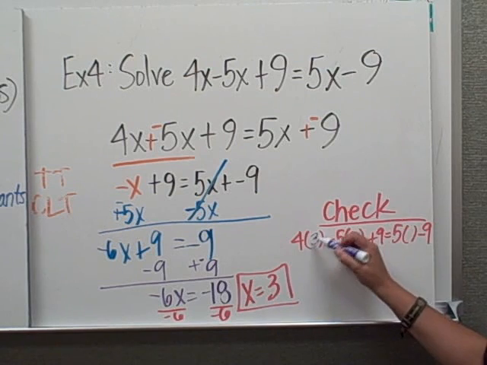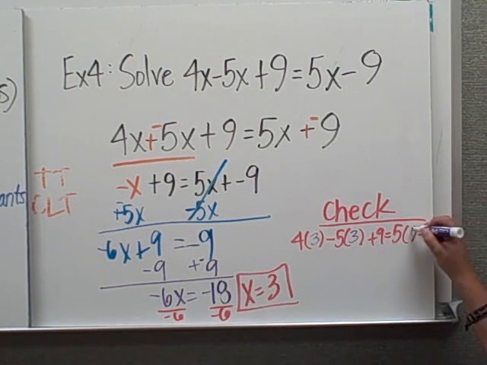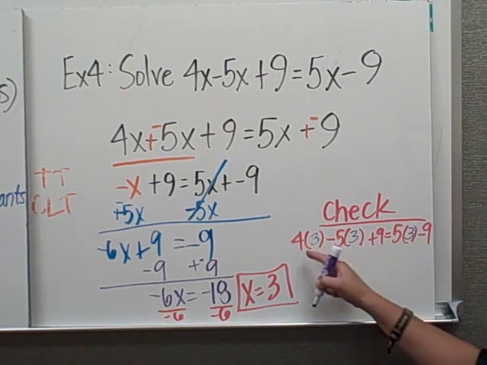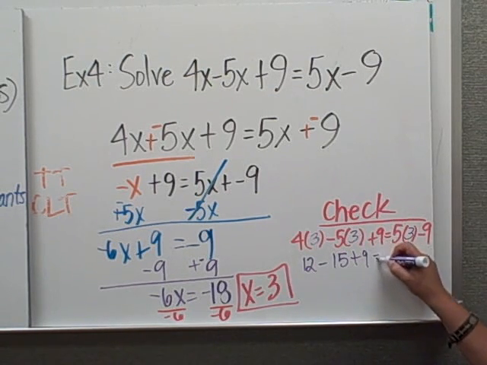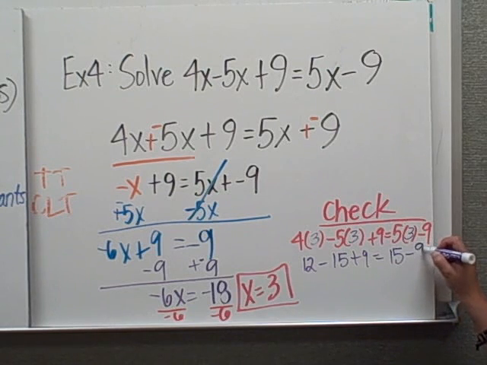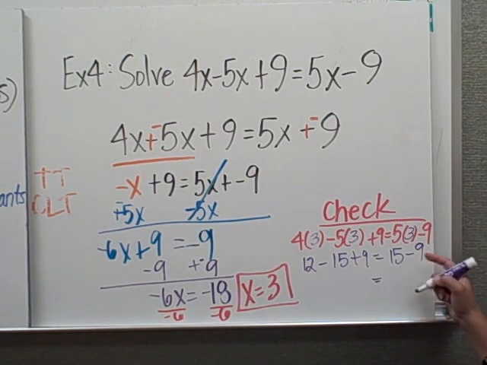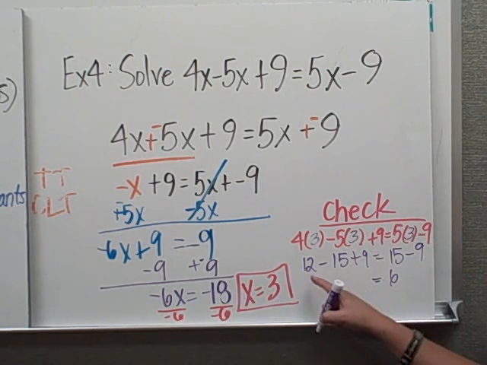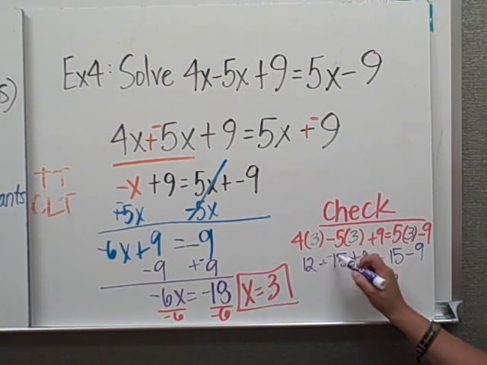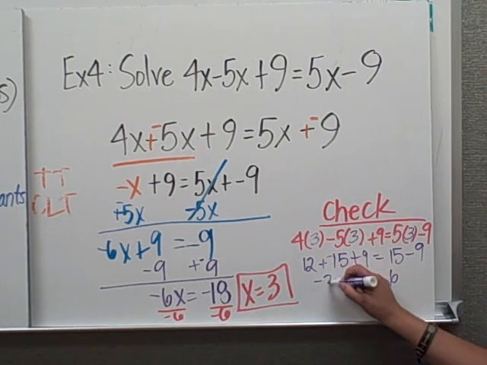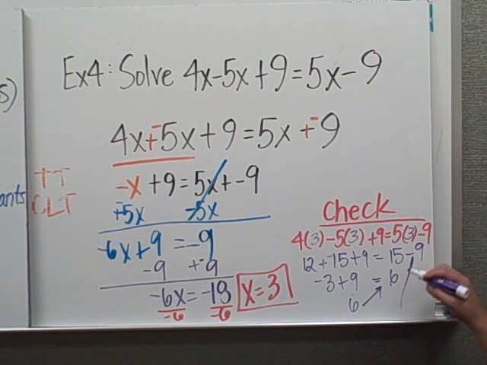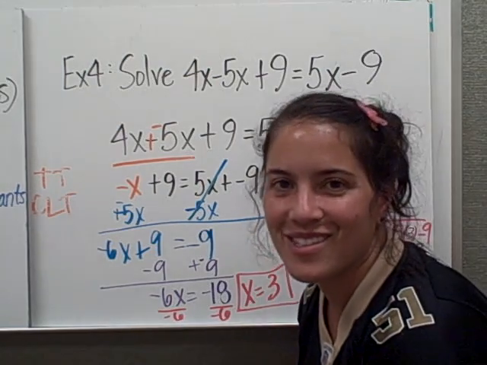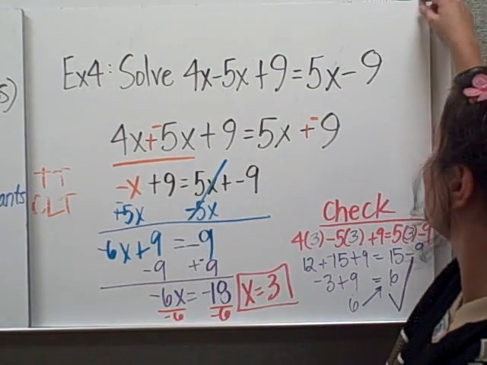So 4 times 3 minus 5 times 3, 5 times 3. 4 times 3 is 12, 5 times 3 is 15, plus 9 equals 15 minus 9. 15 minus 9 is 6, so let's look over here. 12 plus negative 15 is negative 3 plus 9 is 6. 6, check. So x equals 3 is my solution for example 4.